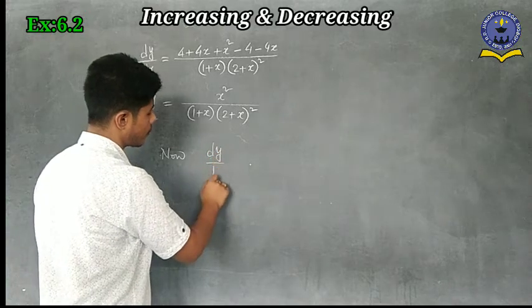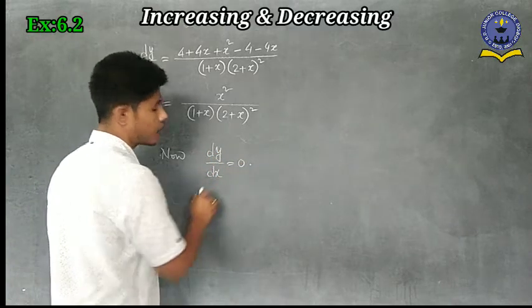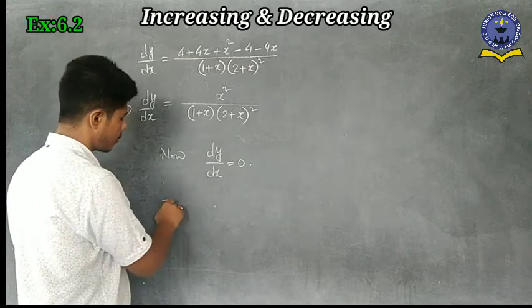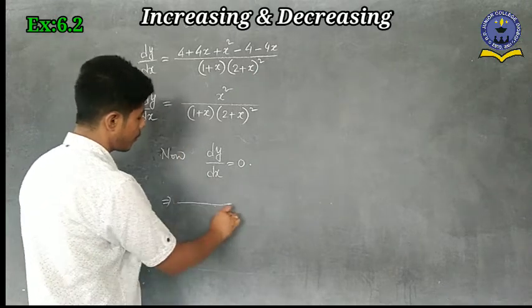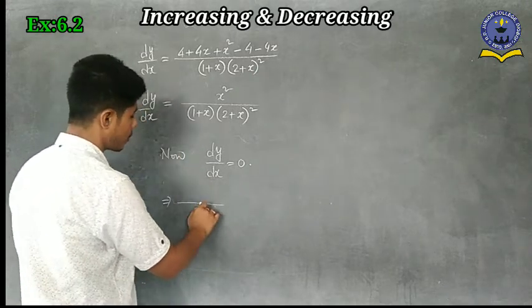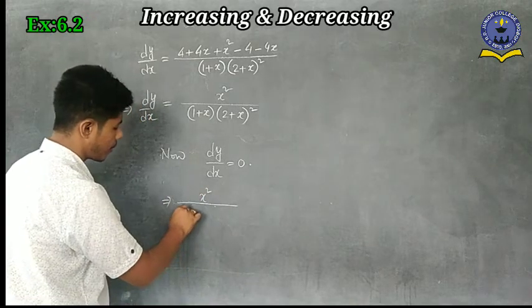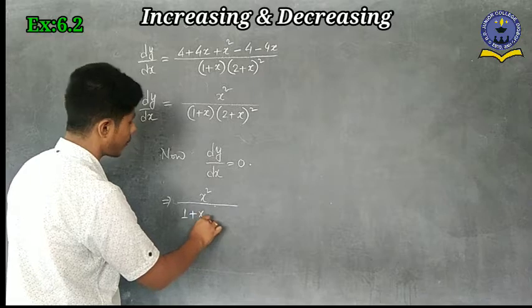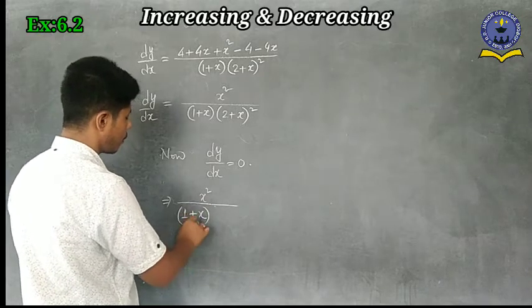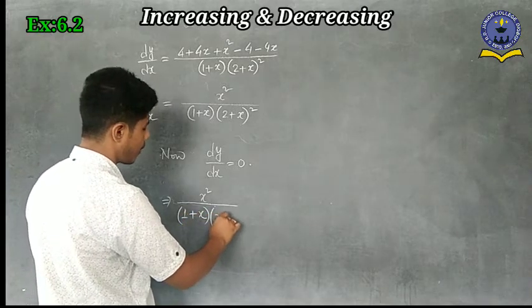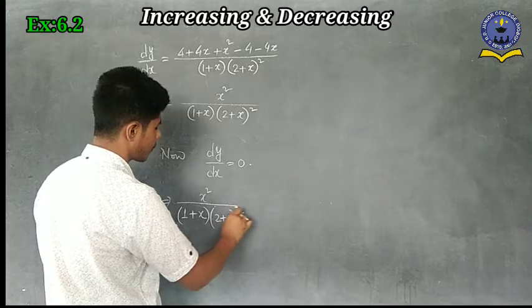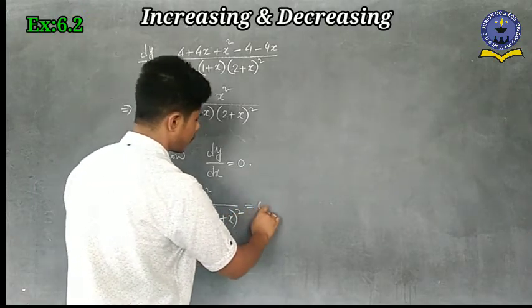So for that reason, now we have to write dy/dx equals to 0. So if dy/dx equal to 0 we write, so already we know the value of dy/dx, so dy/dx is how much here? This one we have to write x square over 1 plus x into 2 plus x whole square equals to 0.